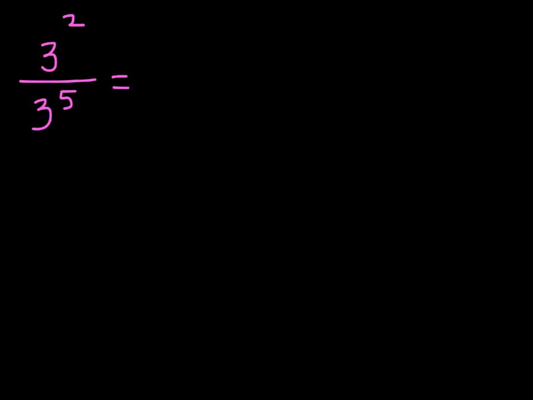One way is by using something called the quotient rule for exponents, which says to subtract the exponents. You would do 2 minus 5, and that would give you 3 to the negative third power. But then if you're not familiar with negative exponents, you might think, well, what do I do with that? Like, what does a negative exponent mean?